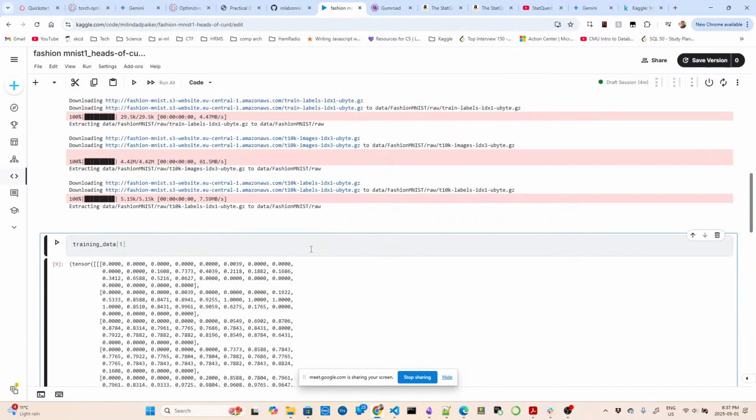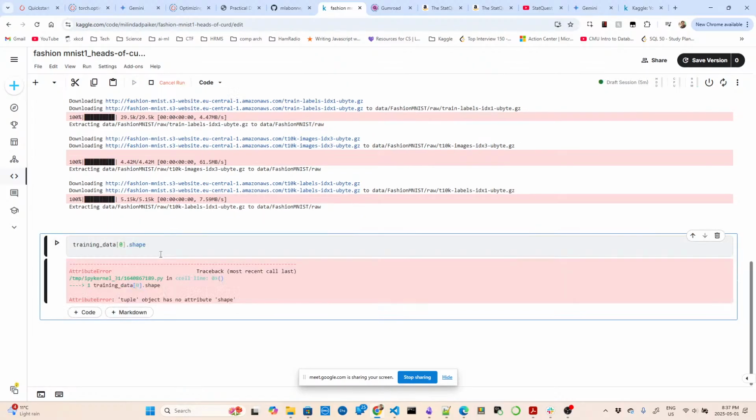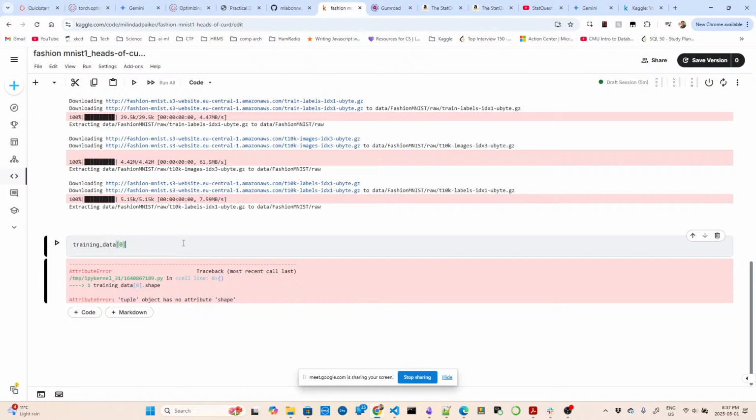It will be basically how many pixels by how many pixels, right? Multiplied by 60,000, correct? 28 by 28 multiplied by 60,000, correct?